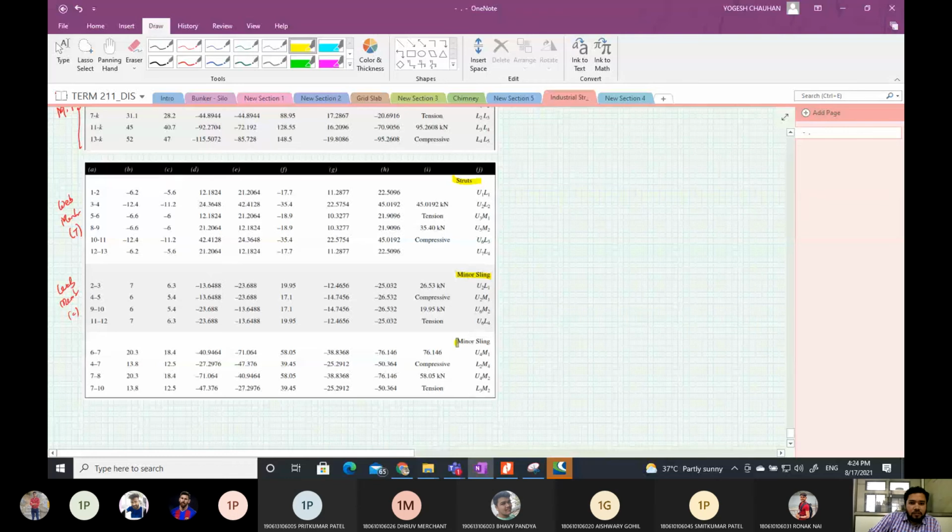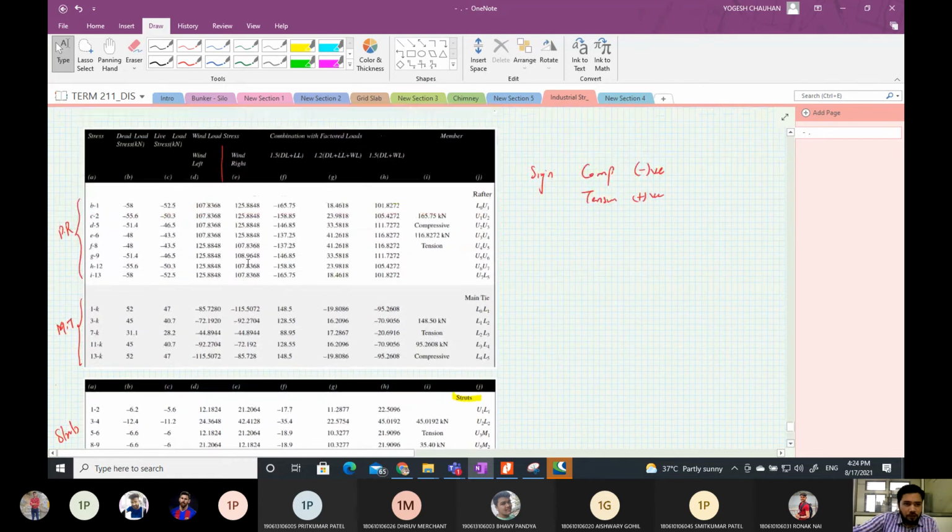These are minor links. These are also minor links. So these are struts, and these are minor links. These are also minor links.